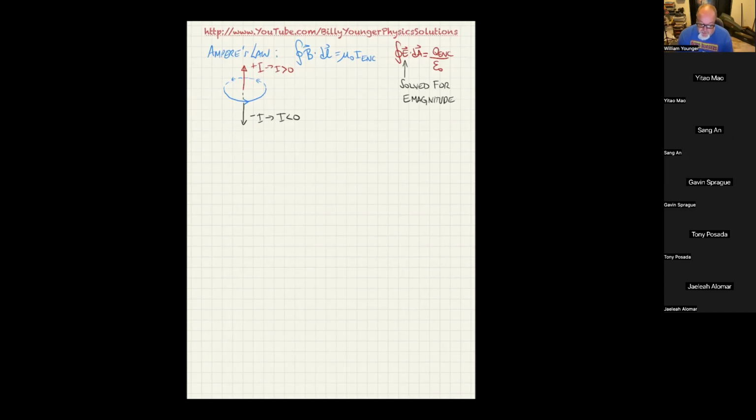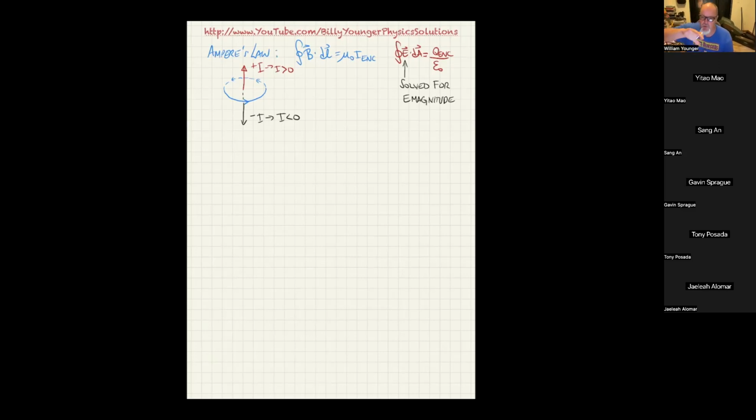What we did is we had to have some understanding of how electric fields oriented themselves around specific symmetrical charge distributions, so that we could get an idea of basically what directions they'd be in.